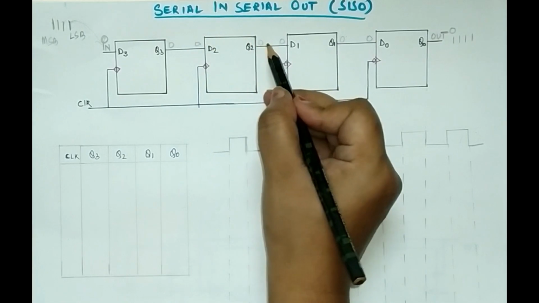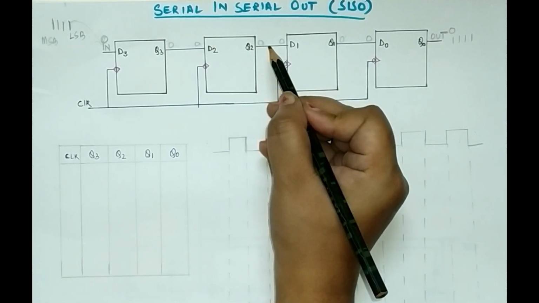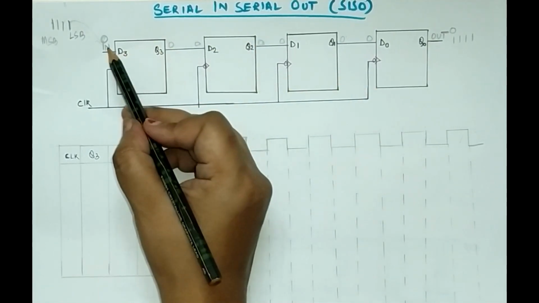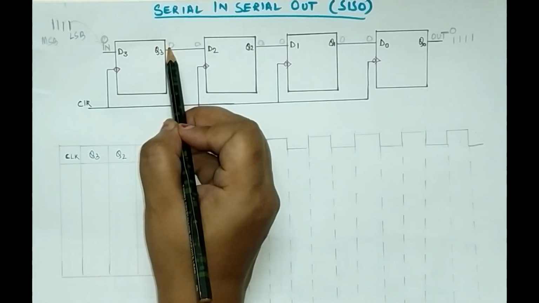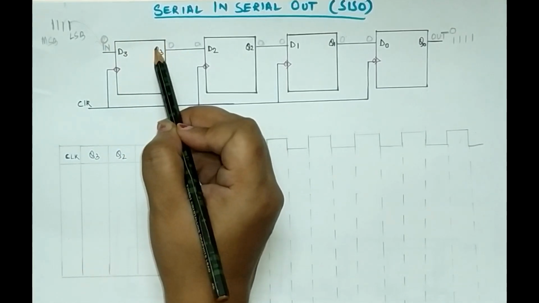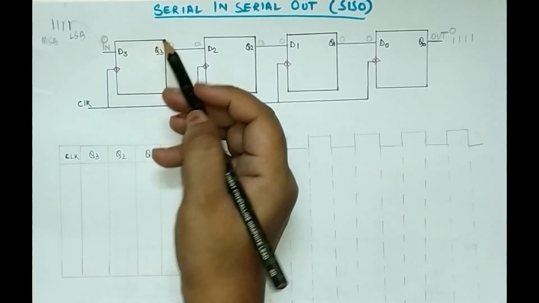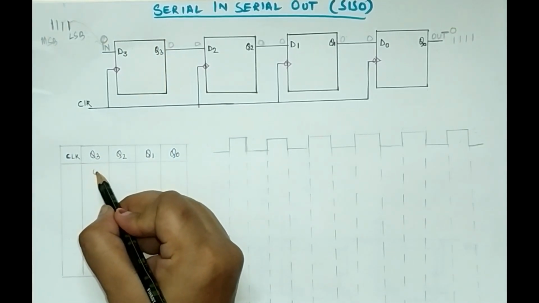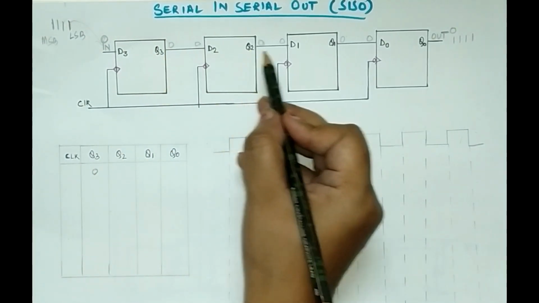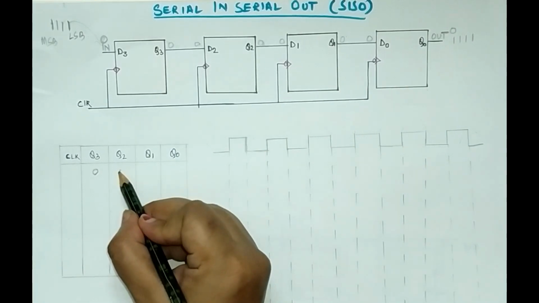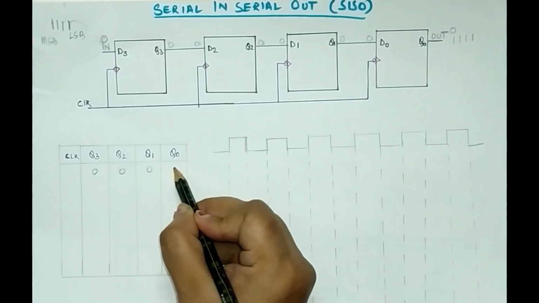Again the output will be 0. You remember in D flip-flop, whatever is the value of input, the same is the value of the output. So in the initial condition when I am not giving any input, the outputs of Q3, Q2, Q1 and Q0 are 0, 0, 0 and 0.